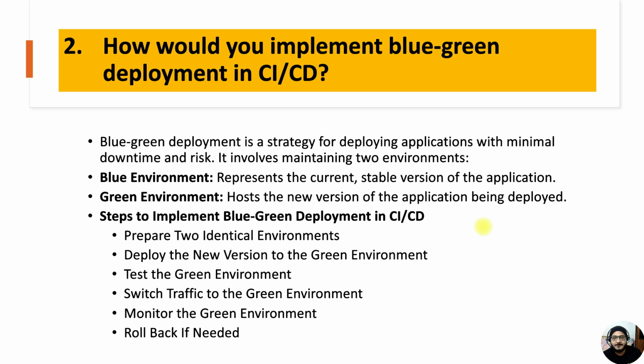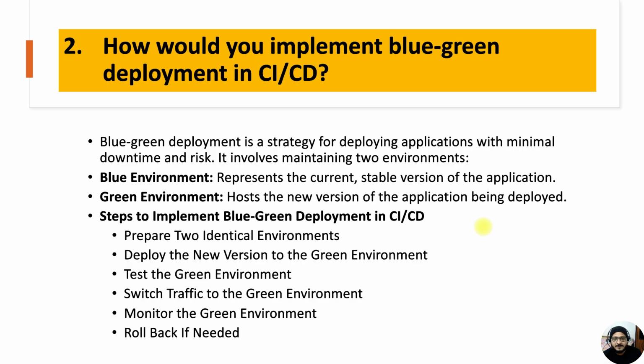So first you tell the definition, then what the blue environment is and what the green environment is. Then you tell the major steps required to implement a blue-green deployment in your CI/CD pipeline.